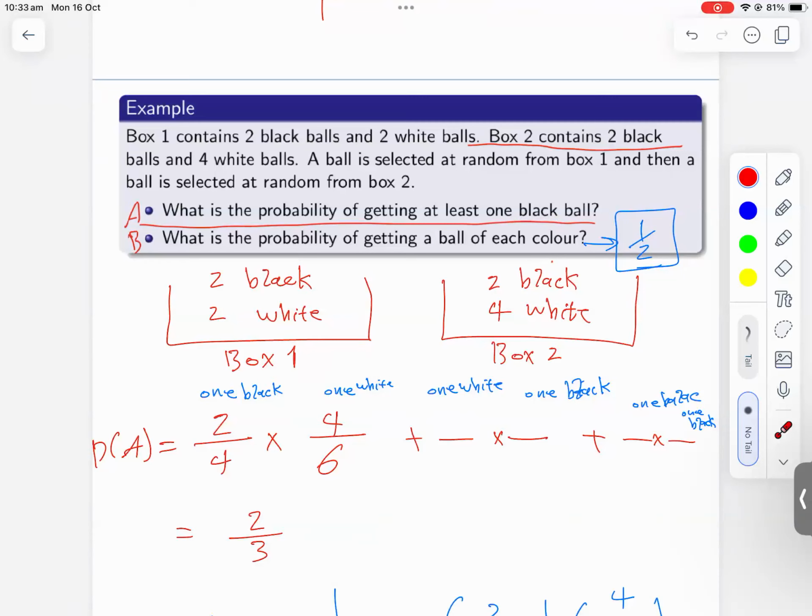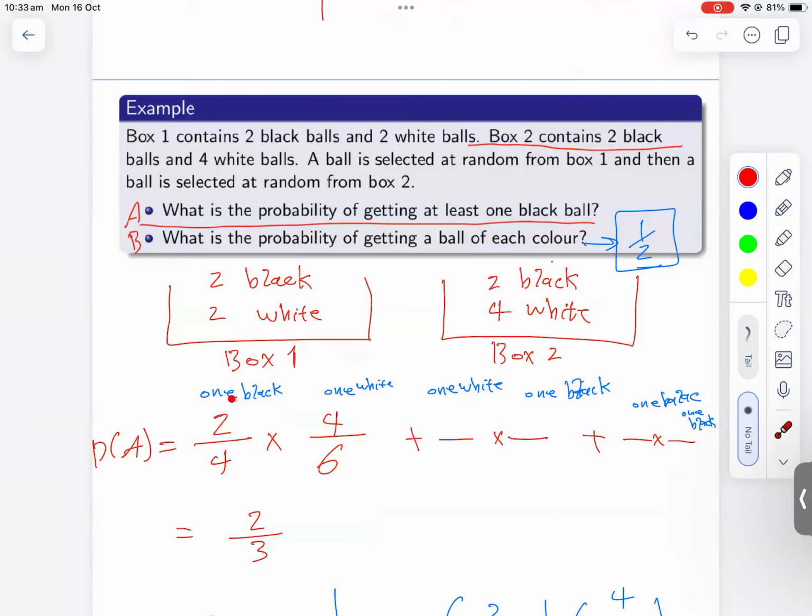So exactly 1 black: box 1 is 2/4, times the second box being white. So box one black and box two white, that's one case of exactly one black.